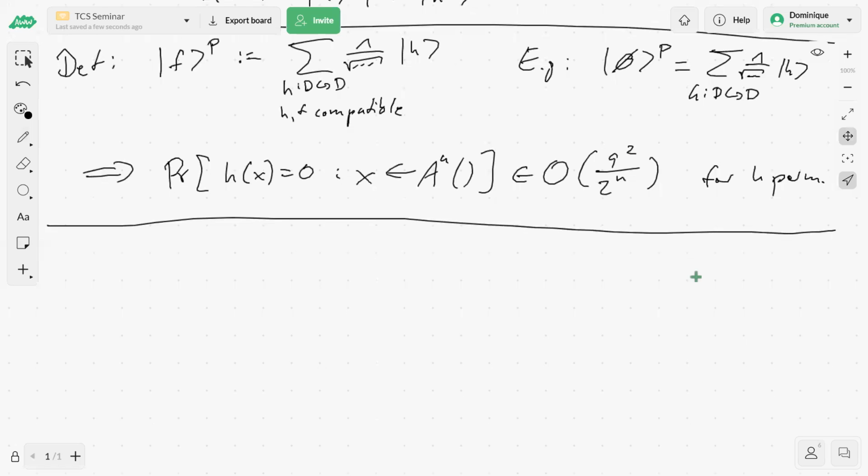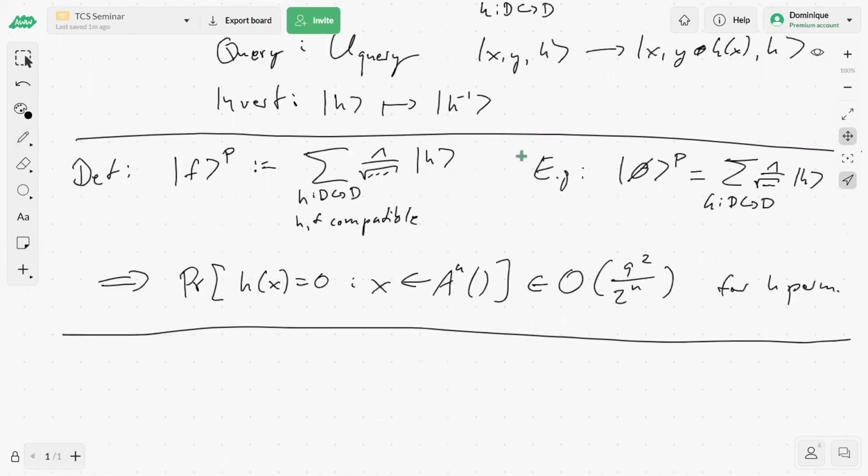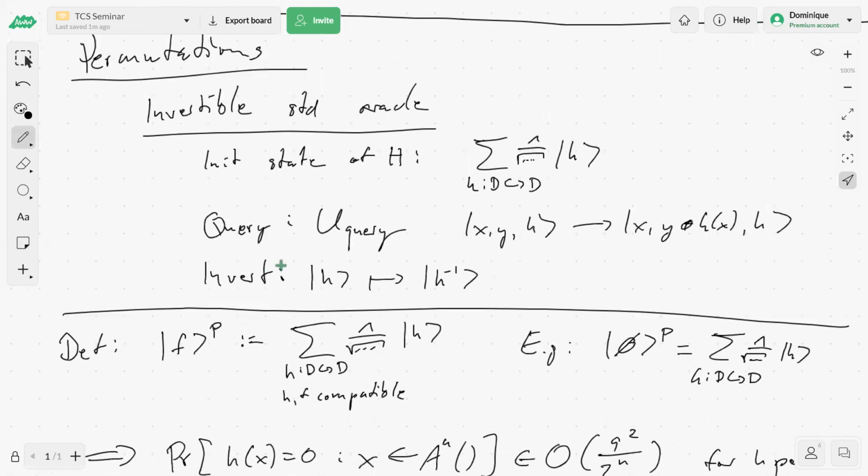So let me come to the invertible permutations then. As I said before, for invertible permutations, we have the additional oracle invert that just flips the random oracle around.